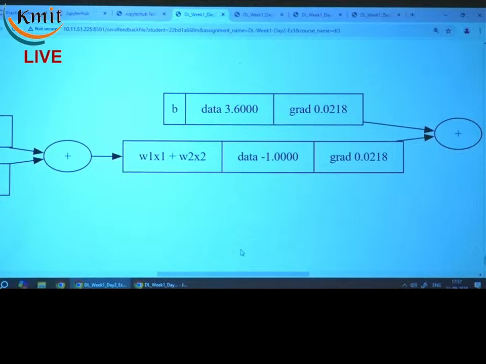There is implicitly the chain rule. The gradient is flowing back either by plus sign or by multiplication sign. The chain rule is in action. You know chain rule? So that's what is happening. It is flowing back.